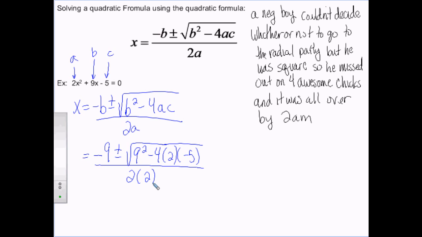And then check out the math. You have to do what's underneath the radical first, then take the square root.